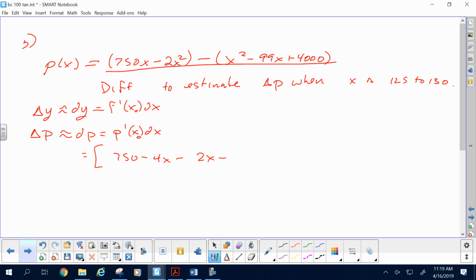I agree with that. At what value? At an x of, which is the initial value, 125 or 130? 125. And what is the dx, or how much are we changing x by? 5.